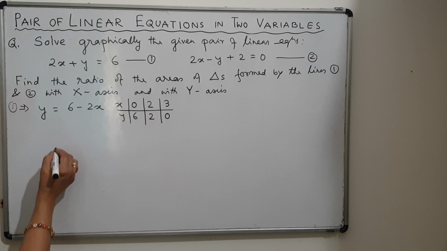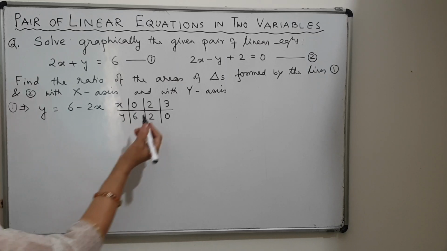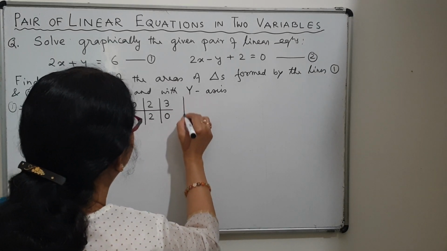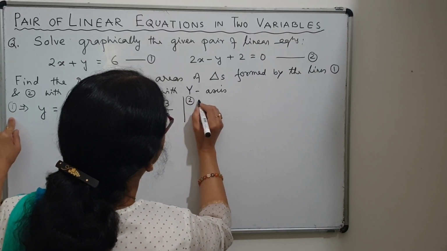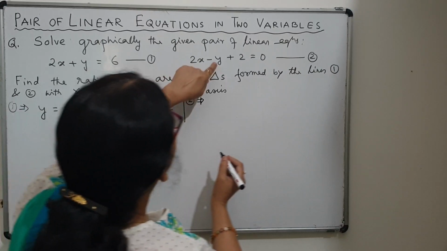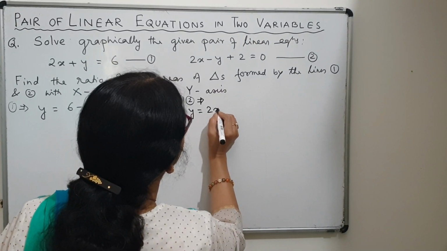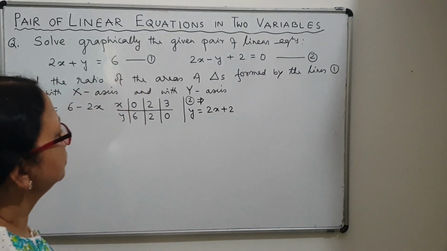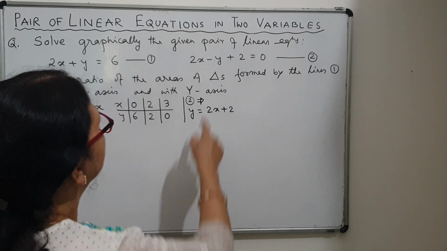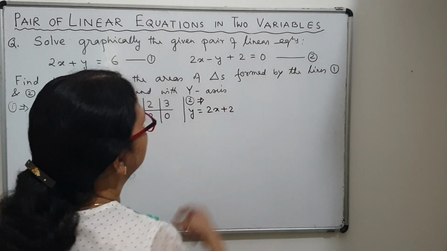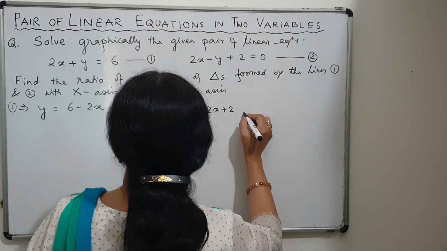So let me plot the graphs here. Okay, let me first form the tables. This is from equation 1. So from equation 2, what is y? Y is equal to 2x plus 2. Y take to the other side, so 2x plus 2. So again, let me form the table.